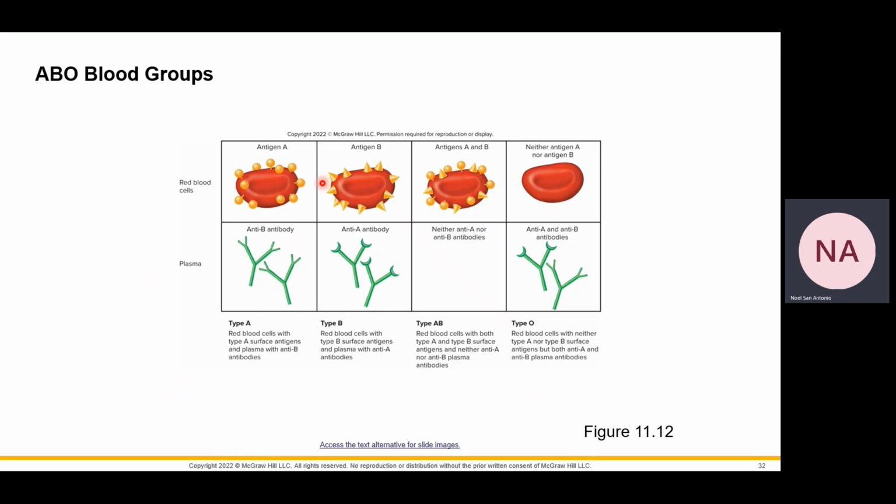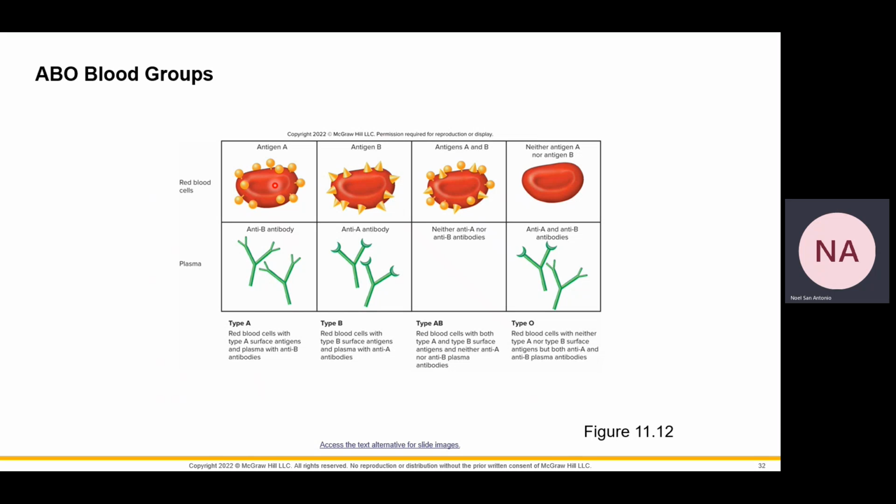In the ABO grouping, if you will look at this illustration, let us consider na kunyari ang antigen A, ang shape niya ay spherical. Kunyari ang antigen B, ang shape niya ay conical.